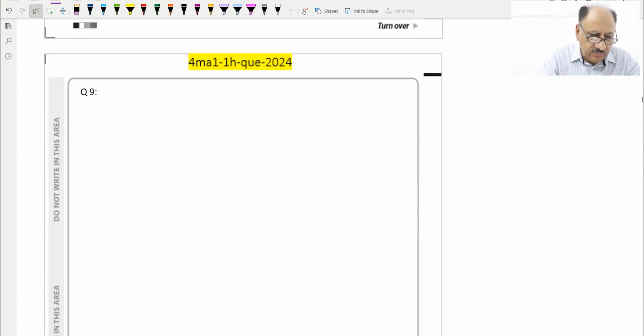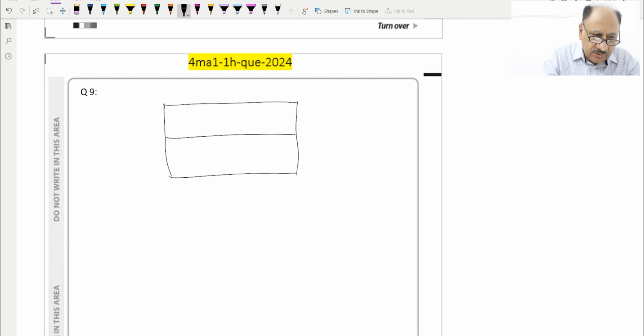Question number 9 says the table gives the amount of rice produced by each of two countries in 2021, and the table is given. If I roughly quickly draw this table, it will be like this. These are the countries, and this is amount of rice in tons.